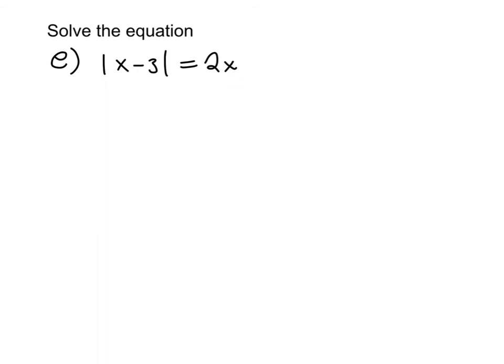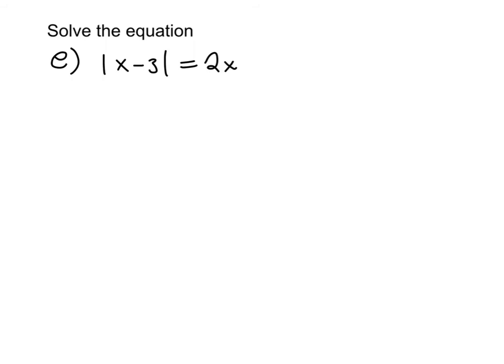So we need to actually think about this one. Because we need for this side to always be positive, right? The absolute value of something is always going to be positive. Now, previously, if this turned out to be a negative constant, we would say, oh, there's no solution, right? So we need this to be positive.